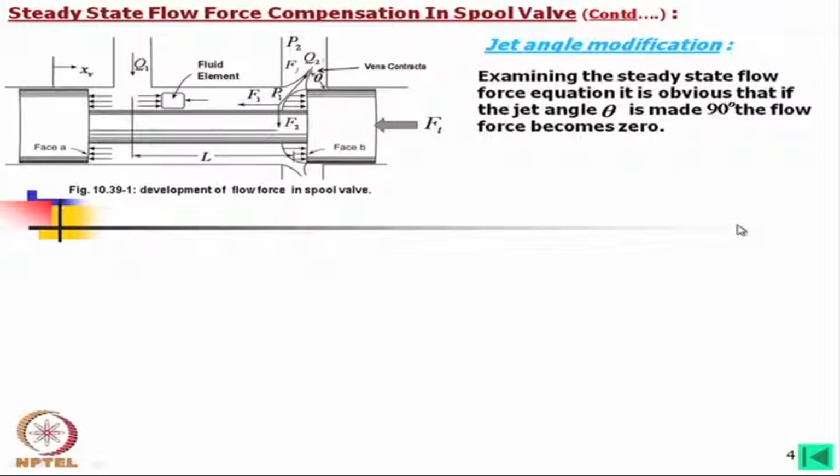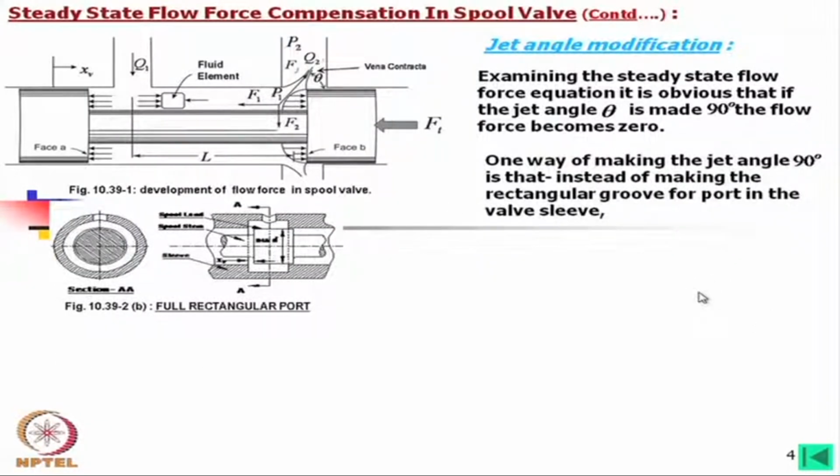but it is not possible by providing this groove design. One way of making the jet angle 90 degree, not exactly 90 degree, but close to that, is that instead of making a rectangular groove for the port in the valve sleeve, say this is the rectangular port, very common because this machining may not be that difficult.